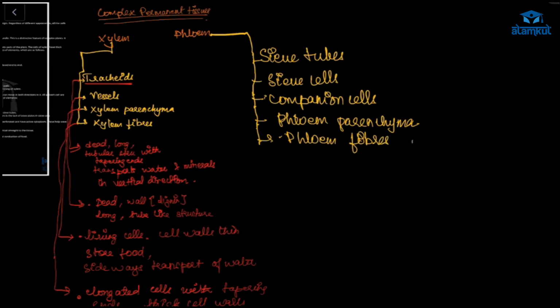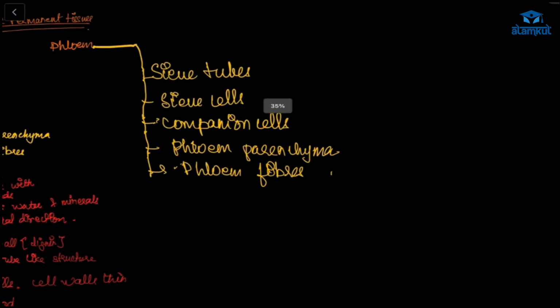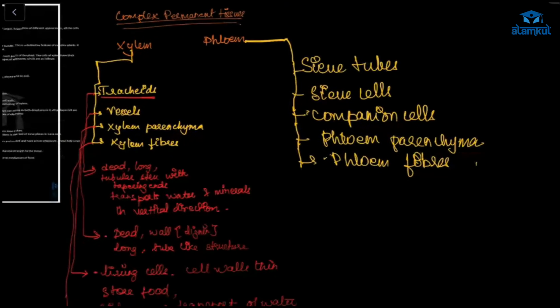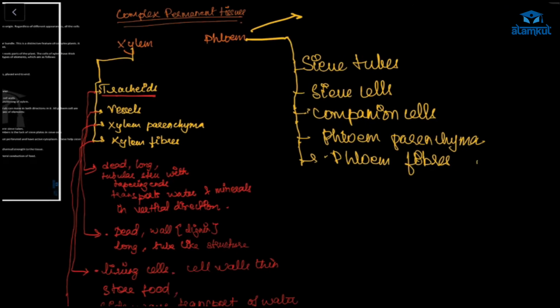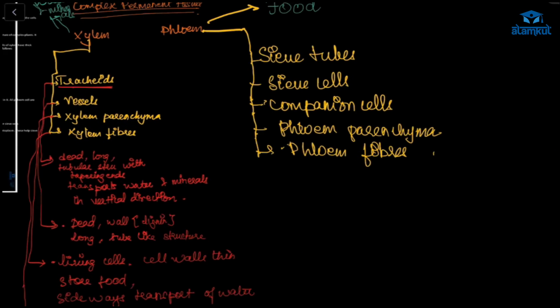It's raining here. Is it raining there also? Ma'am, phloem transports glucose, the food that plants make. Yes, correct. This is transport of food.